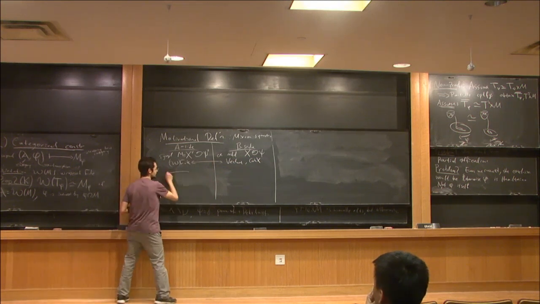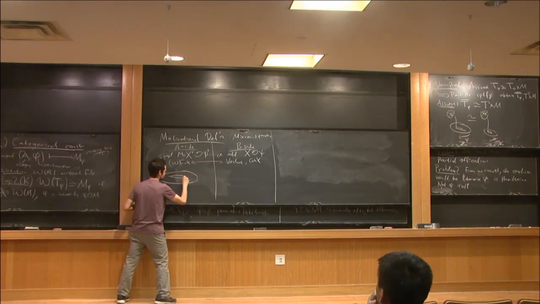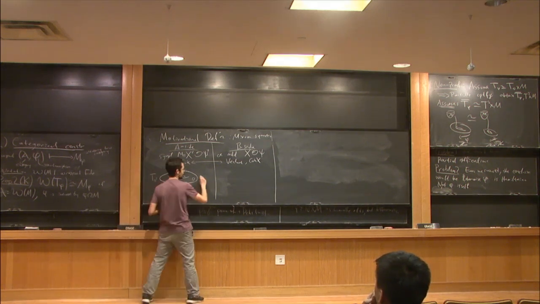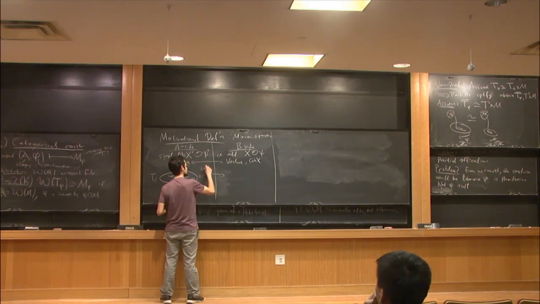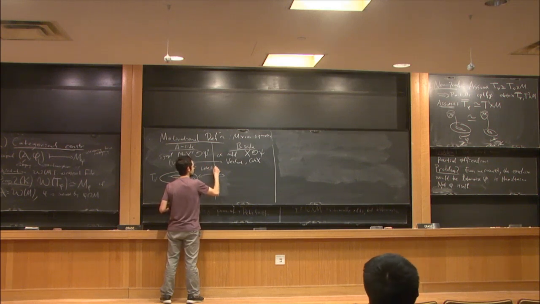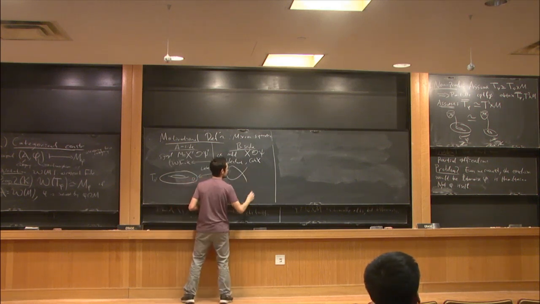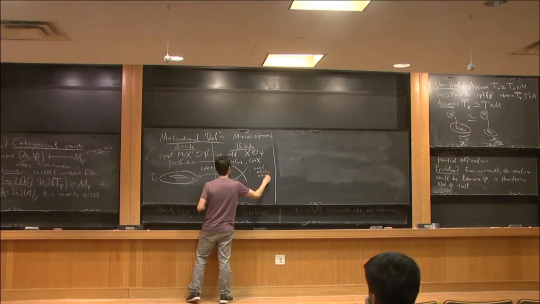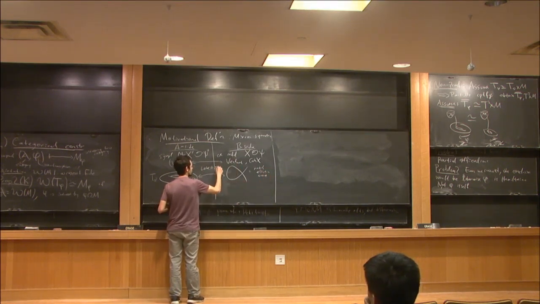For instance, an example is the punctured torus, which is known to be the mirror to the nodal elliptic curve. This is by the work of Lekili-Perutz and Lekili-Polishchuk.